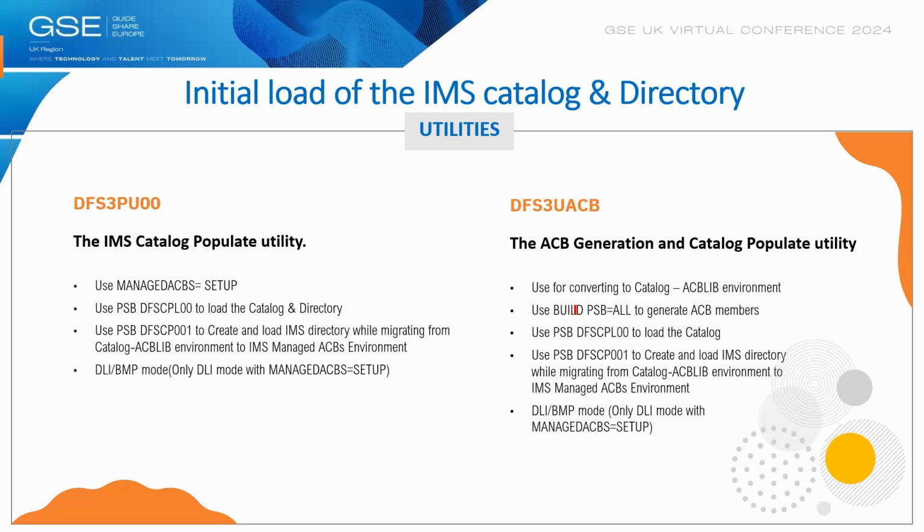So if you have any tools or utilities that you have not yet updated for the managed ACBs, or if you want to keep your ACB libs in sync for any possible fallback scenarios in the future, then I think it's a good idea to use this utility because it ensures that in one step.